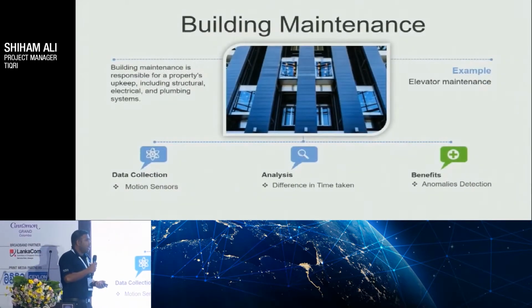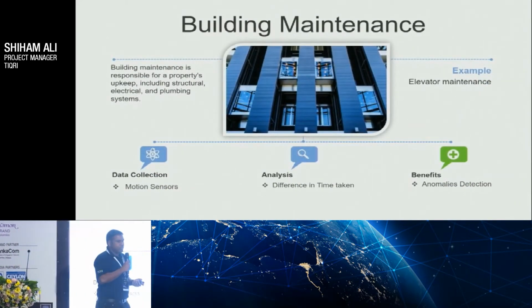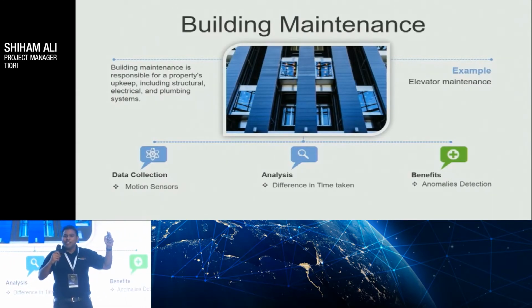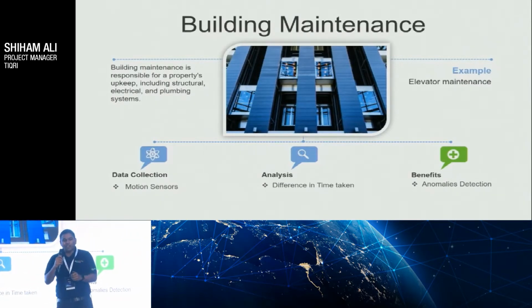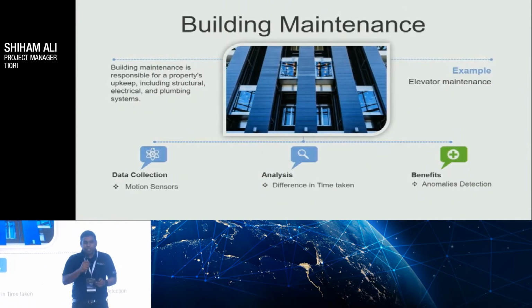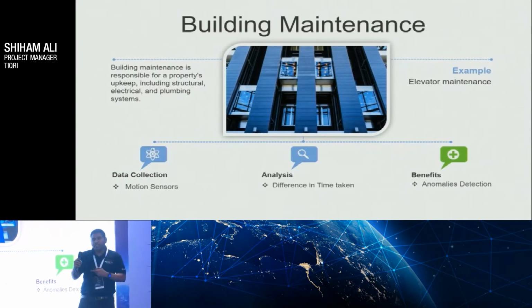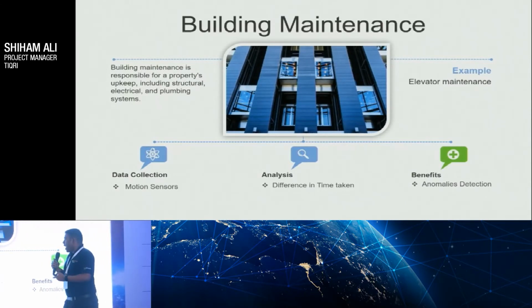So let's look at a simple example. I think everyone has gone in a lift. I'm pretty sure everyone has got into a lift. So imagine a situation where a lift has a motion sensor as the input, and it can tell you the time difference between each floor. And you can also have multiple lifts doing the same thing.